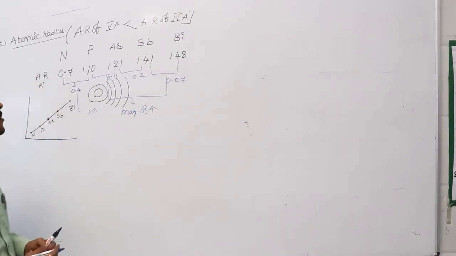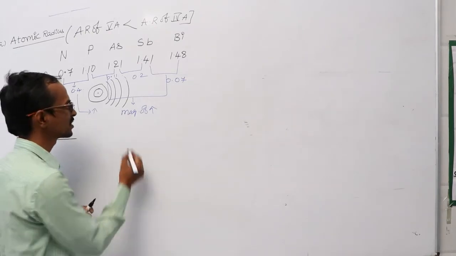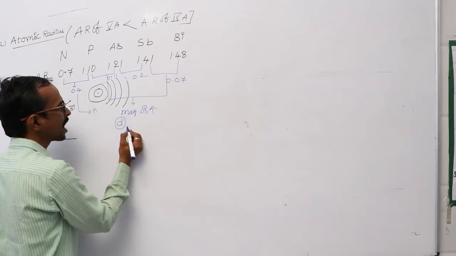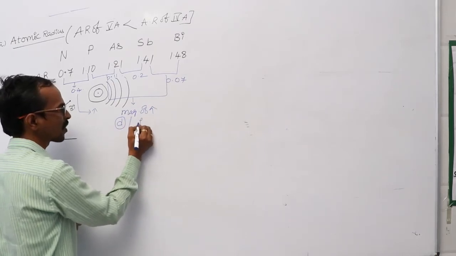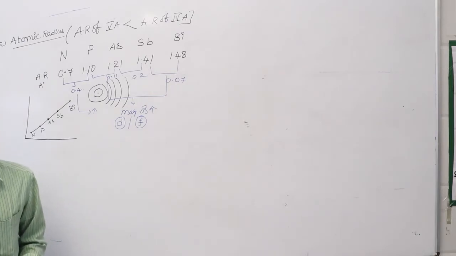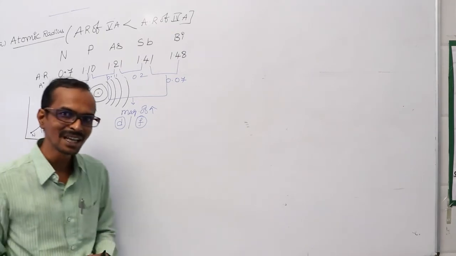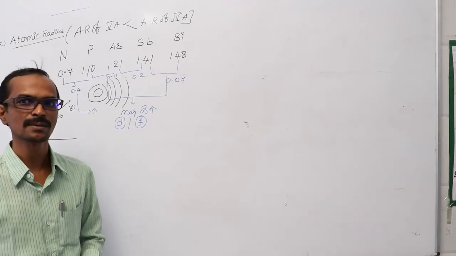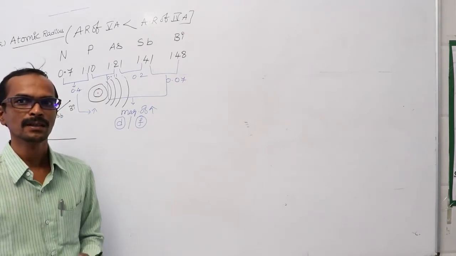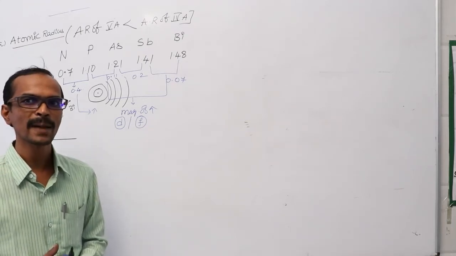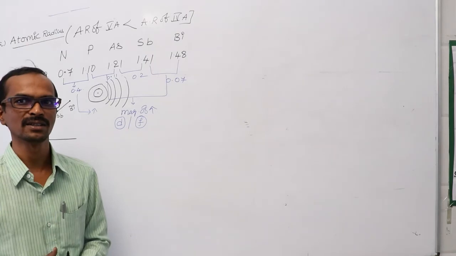What is the reason? In the electronic configuration of these elements, you can see that the d orbitals and f orbitals in the inner shells have electrons. The poor shielding effect of the electrons present in the d and f orbitals in the inner shells is responsible for the smaller increase in atomic radius.